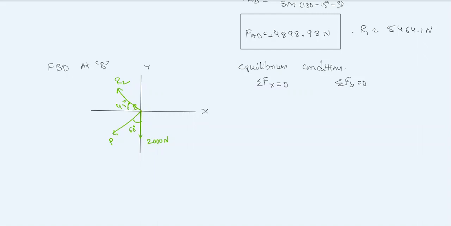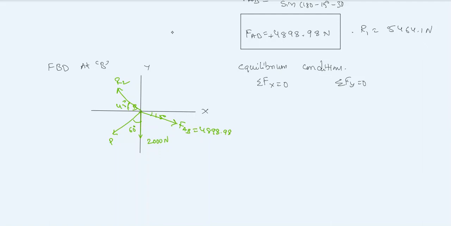FAB is in the fourth quadrant, so let's draw FAB in the fourth quadrant at an angle of 15 degrees. Last but not least, all the forces are known. We know FAB is equal to 4898.98.